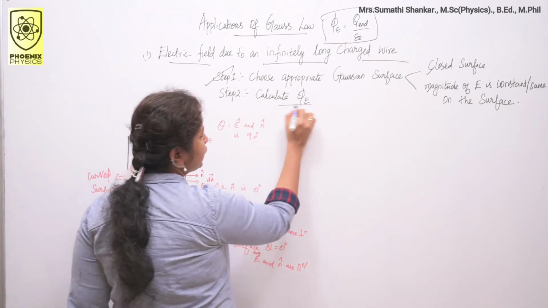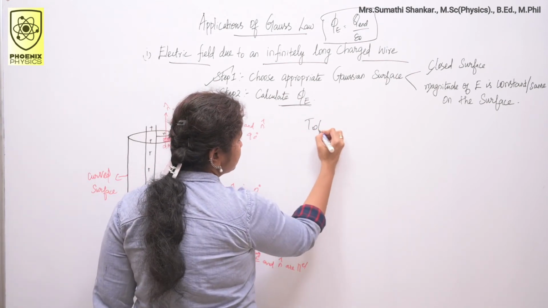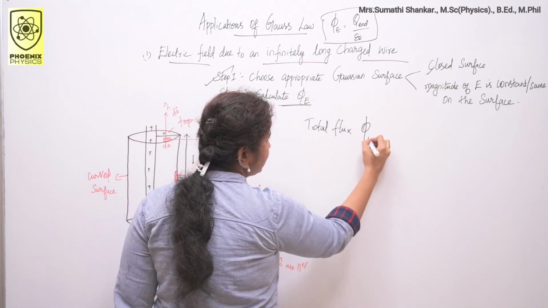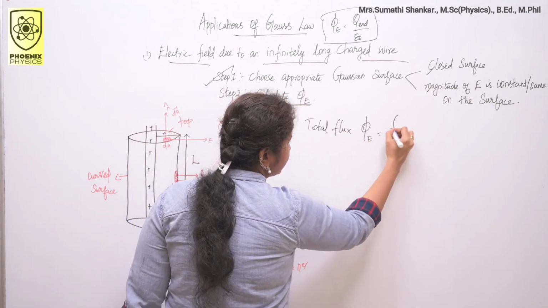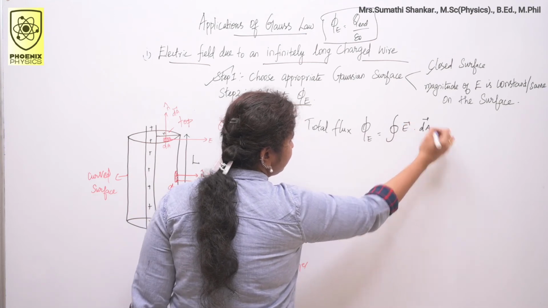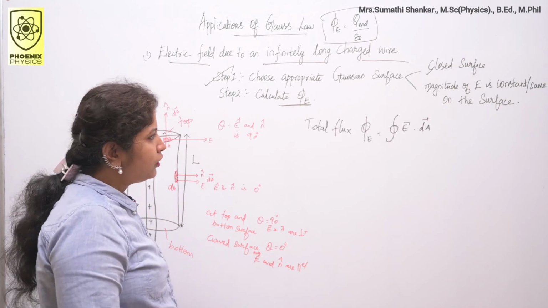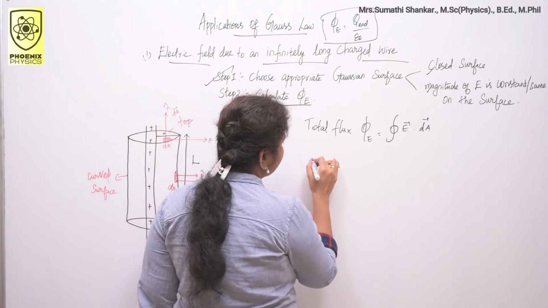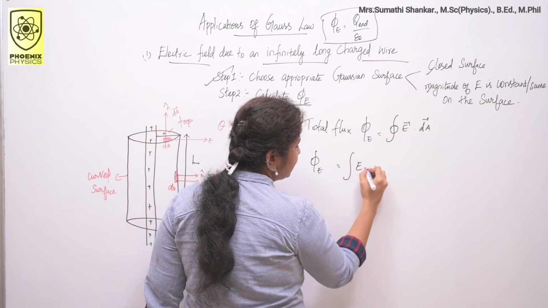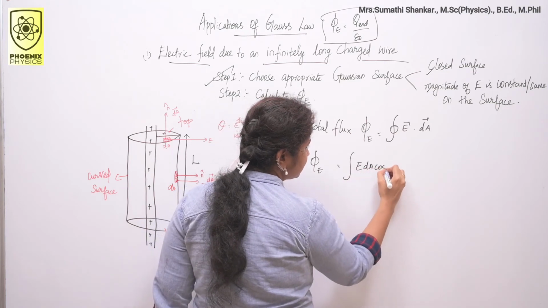I am going to calculate the total flux. How do you write total flux? That is phi E is equal to integral of E vector dot dA vector, or we can write phi E is equal to integral E dA cos theta.